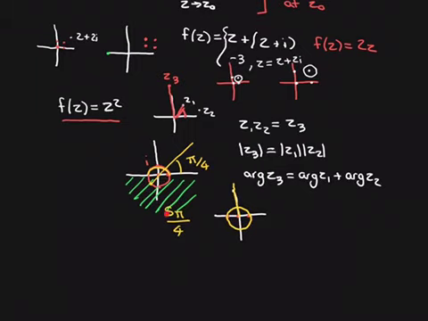But its argument is going to double, so it's going to go to 10 pi by 4, which is equal to 2 pi plus pi by 2. 2 pi is the whole thing, that's 360, so we're only interested in the pi by 2 bit, so it will come up to here. It's going to be equal to i when we square it, so it goes right round there.